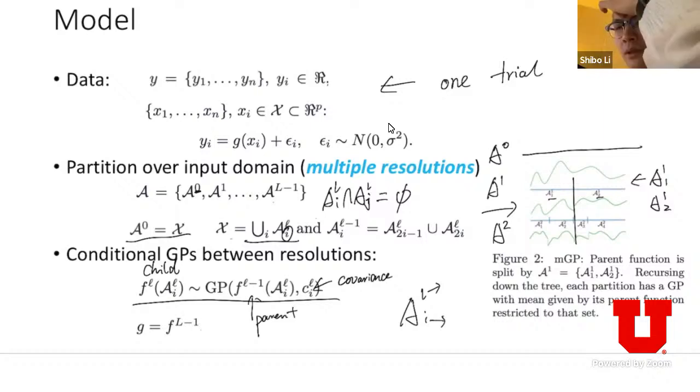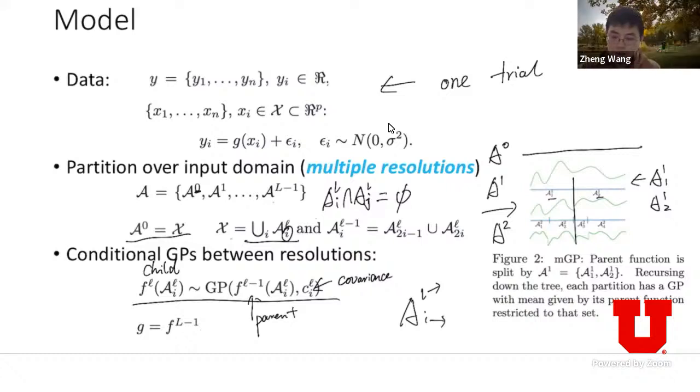Is there any justification why the child is conditioned on the parents? Because to me, it seems more reasonable that the parent depends on the child, because if the partition is finer, we need to capture more local information, then we transfer that to global. I think that's more reasonable.